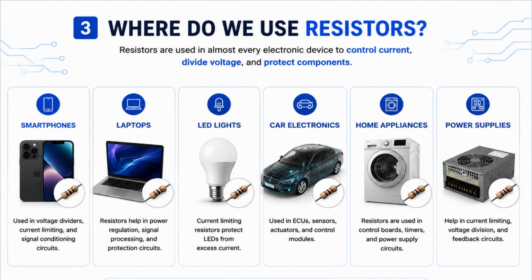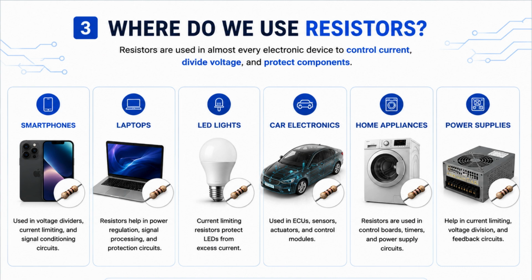Resistors are among the most widely used components in electronics and can be found in almost every device we use in our daily lives. Whether it's a smartphone, a laptop, a television, a power supply, or even an electric vehicle, resistors are working behind the scenes to ensure these systems operate properly. Their primary role is to control the flow of electric current, protect sensitive components, and maintain stable operation within electronic circuits.